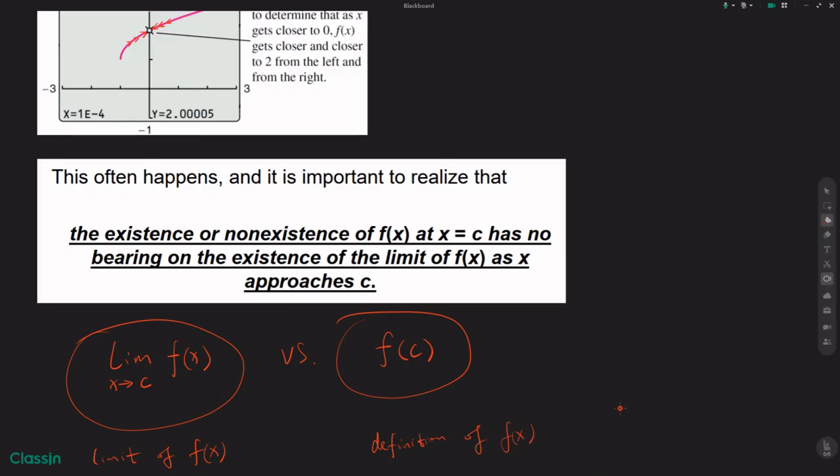So these are two very different things. They might be almost always closely related to each other, but they are very different. Now let me give you an analogy so you can find the correlation, but also more importantly, the difference between the limit of a function and the definition of a function.